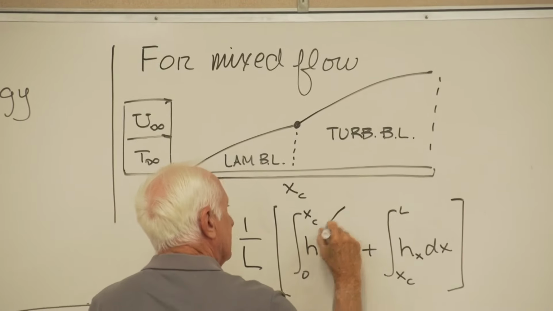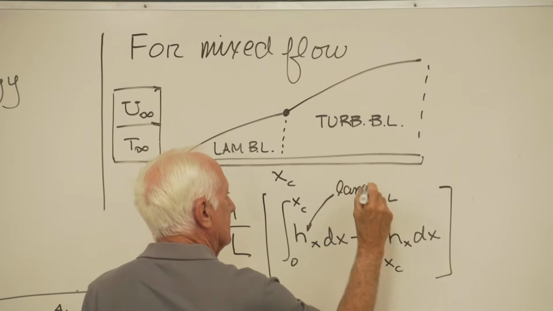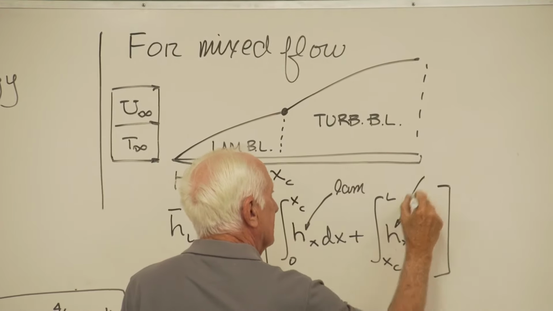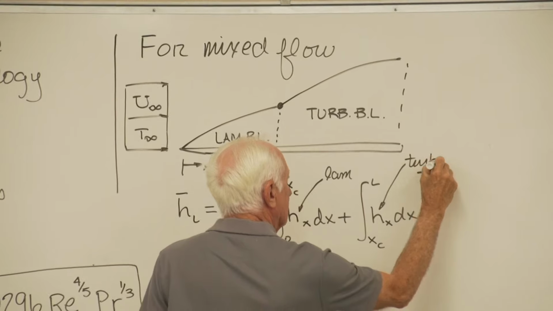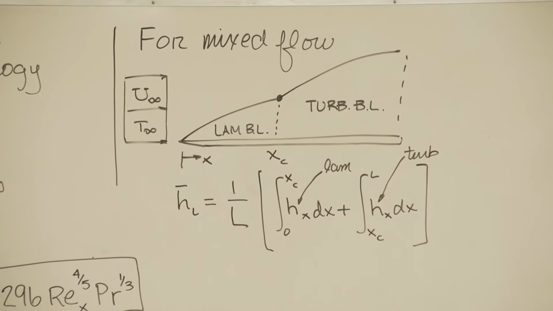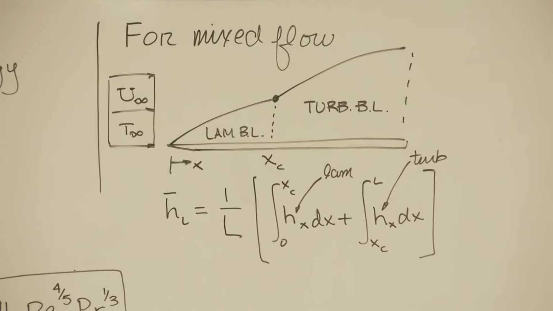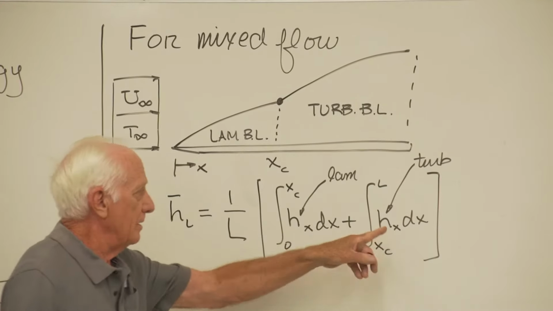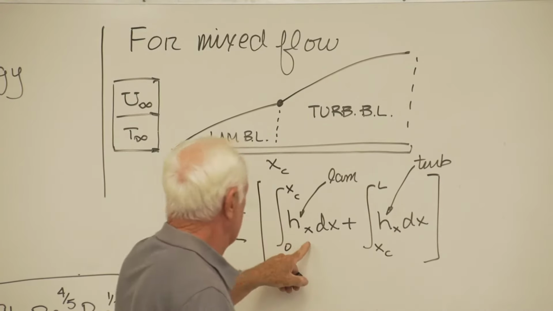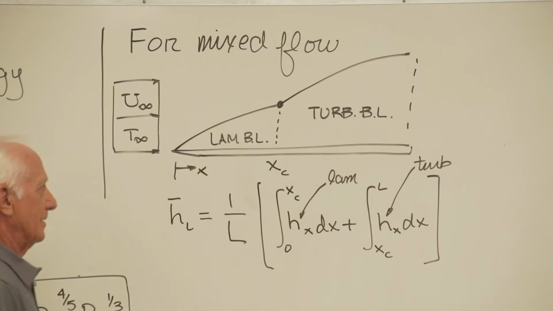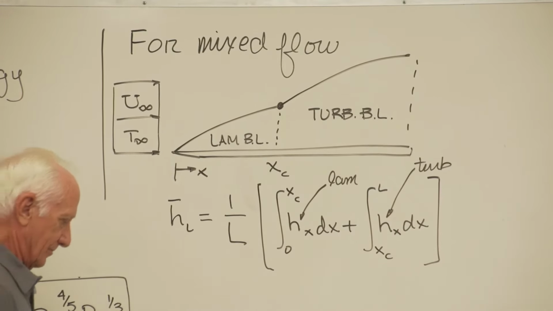The HX here is, of course, the laminar HX. The HX here is, of course, the turbulent HX. So you put this for HX for turbulent there, and you put over there the HX here, and you carry out the integration, and we jump down to the result.